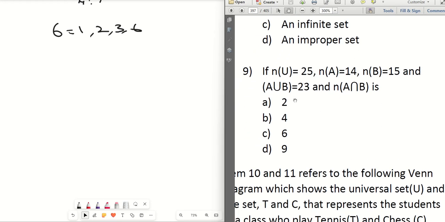Right, number 9, if your universal set is 25, the number for A is 14, the number for B is 15, and the union is 23.